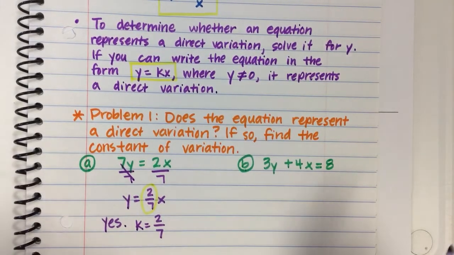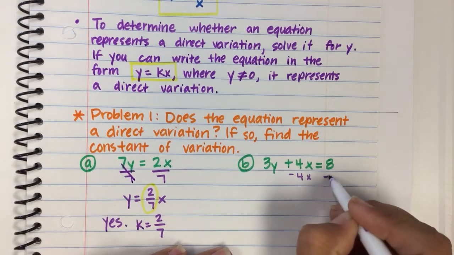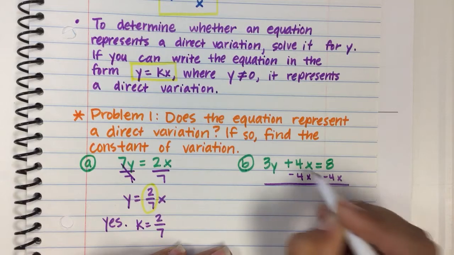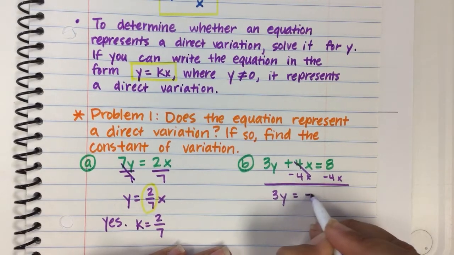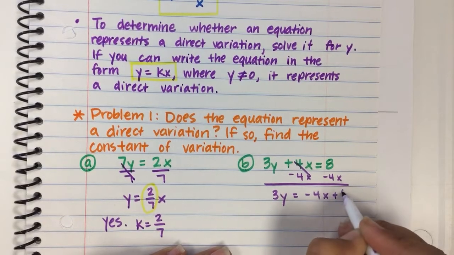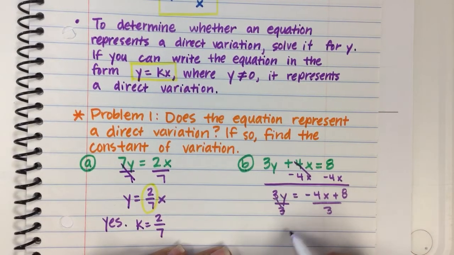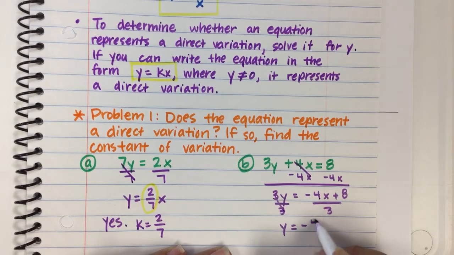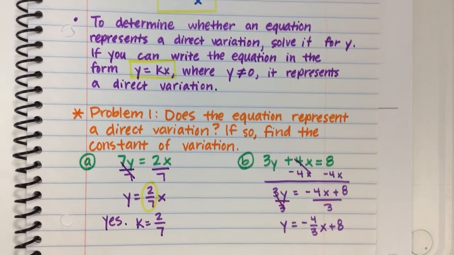All right, let's solve this one for y. Subtract 4x, so I have 3y is equal to negative 4x plus 8, and divide by 3, and I get y is equal to negative 4/3 x plus 8. Is this a direct variation?